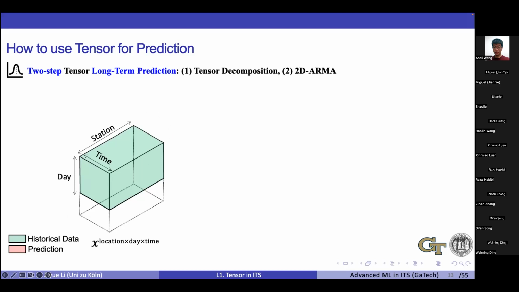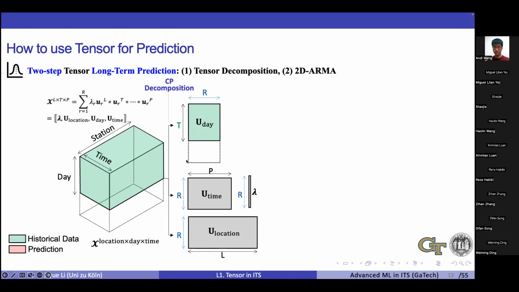So imagine this is our tensor with the dimensions station, time, and day. We want to do long-term prediction, which means predicting the passenger value in the next 2 or 3 days. So it's along this day dimension that we do prediction. For our first step, for example, we use CP decomposition. We can also use Tucker decomposition, and they are all good.